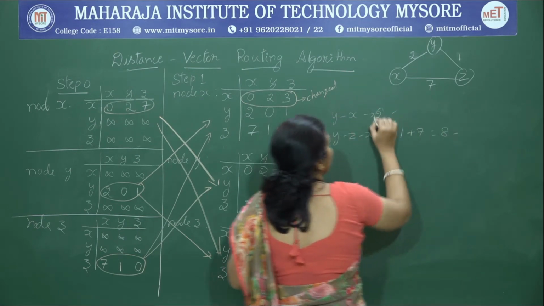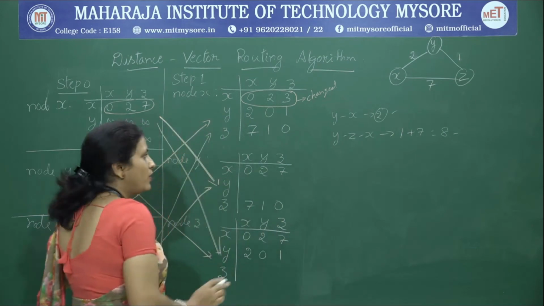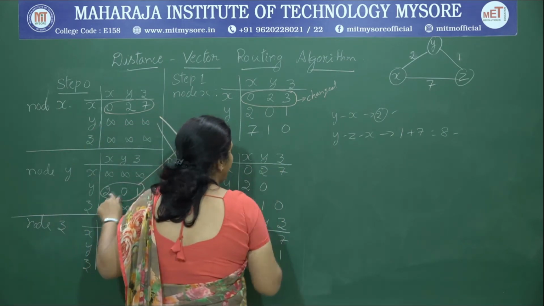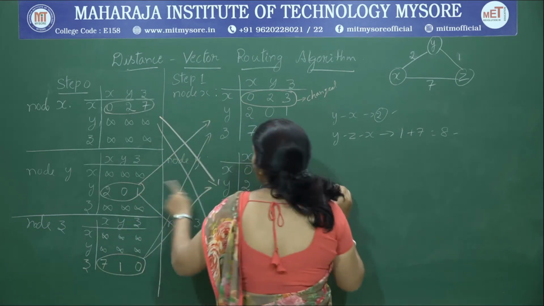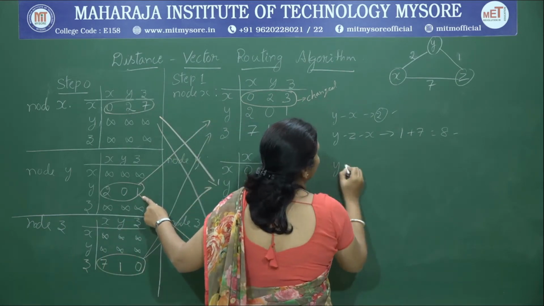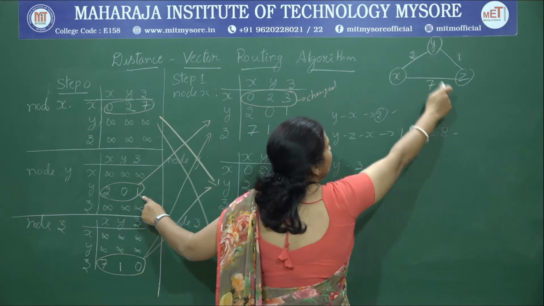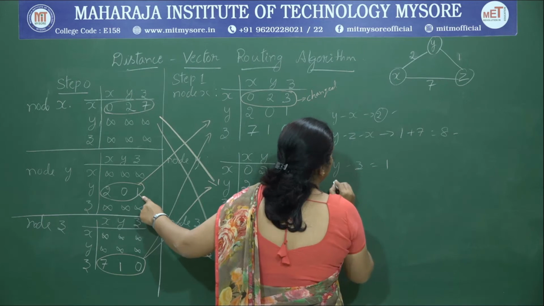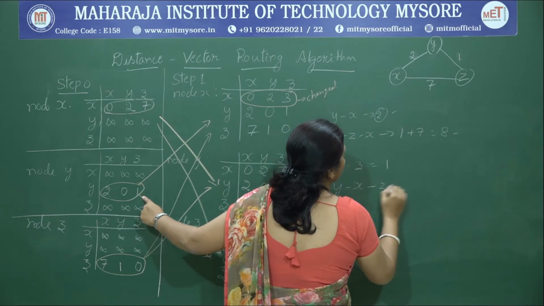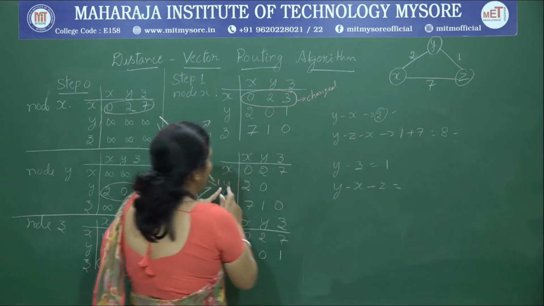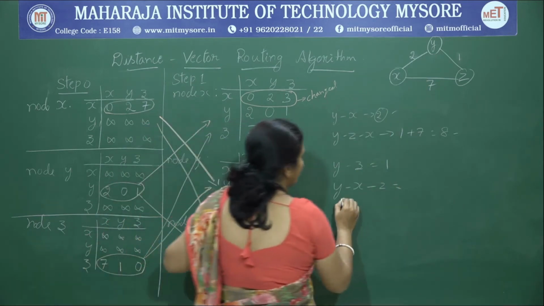So, the minimum among them is 2, and we already had 2 here. So, we are going to retain the same value. From y to y it is 0. From y to z we have 1 here, right. Is there any other path to travel? From y to x and x to z we can travel. So, that costs from y to x, which is 2.